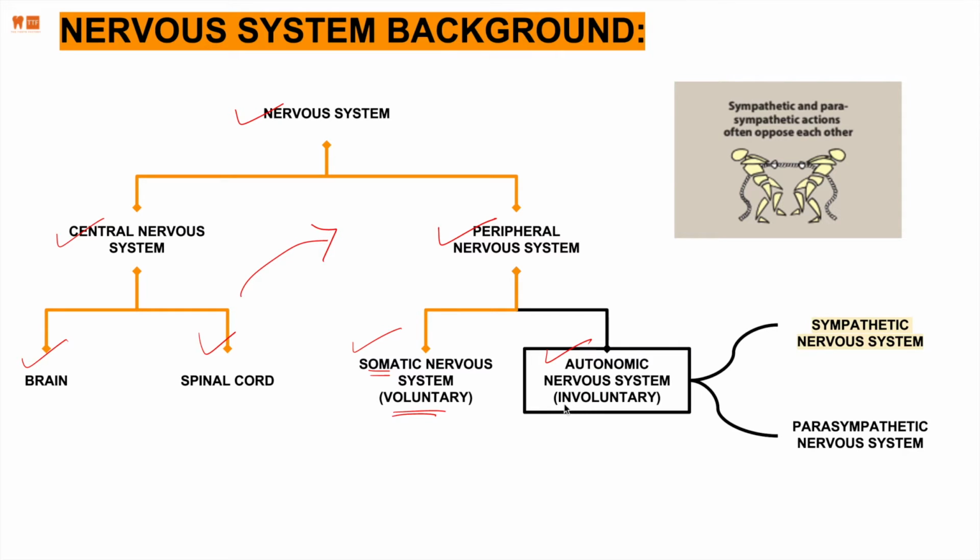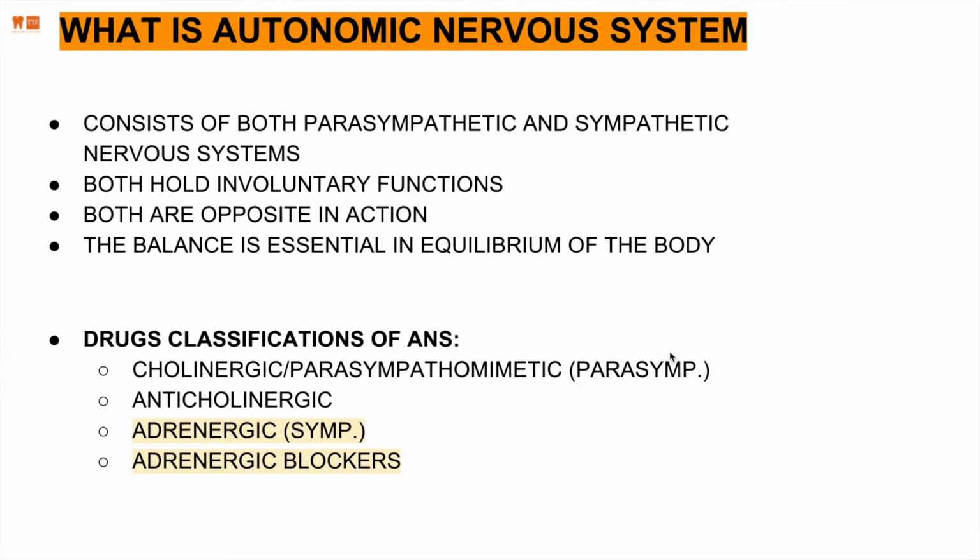The autonomic nervous system, on the other hand, is involuntary, split into sympathetic and parasympathetic. The sympathetic is what we're going to talk about today, and for parasympathetic, please click on the card right here. That'll take you to the parasympathetic nervous system, the cholinergic videos.